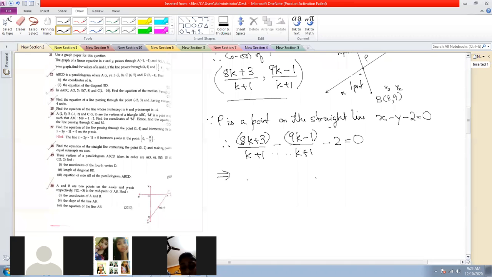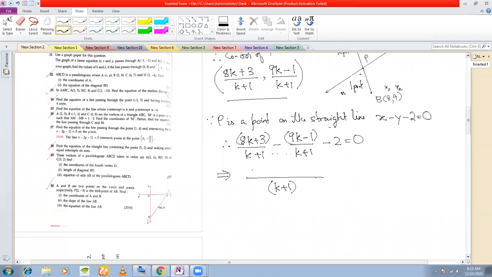Take the LCM. So we get 8k plus 3 minus (9k minus 1) minus 2 times (k plus 1) is equal to 0. That means 8k plus 3 minus 9k plus 1.